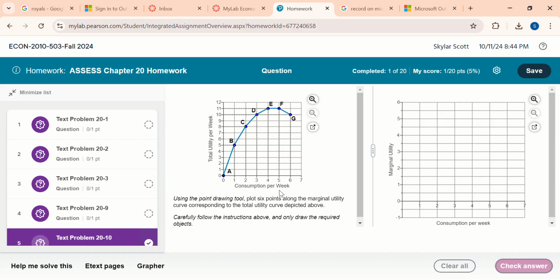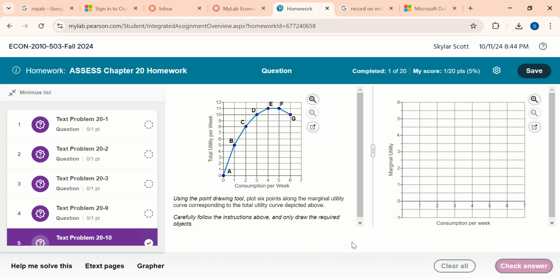So, when we're talking marginal analysis, what we're doing is comparing a minute change in one variable and how that affects another variable. When we apply that specifically to the concept of utility, we're looking at the change from consuming one additional good and how that affects the utility of that individual.